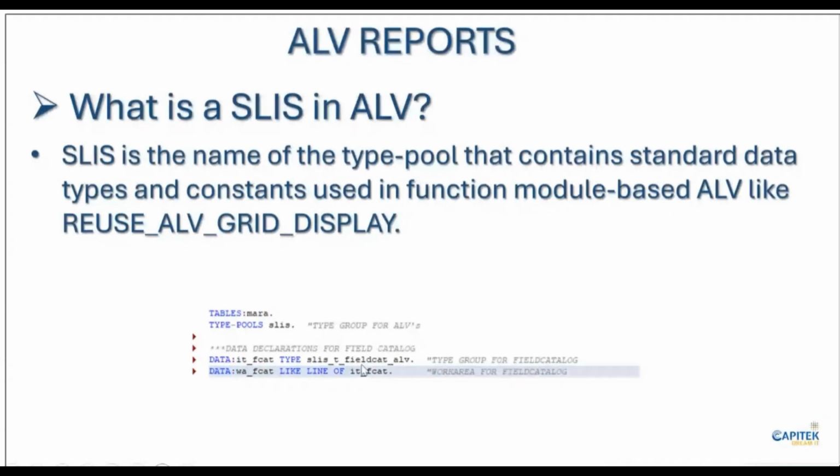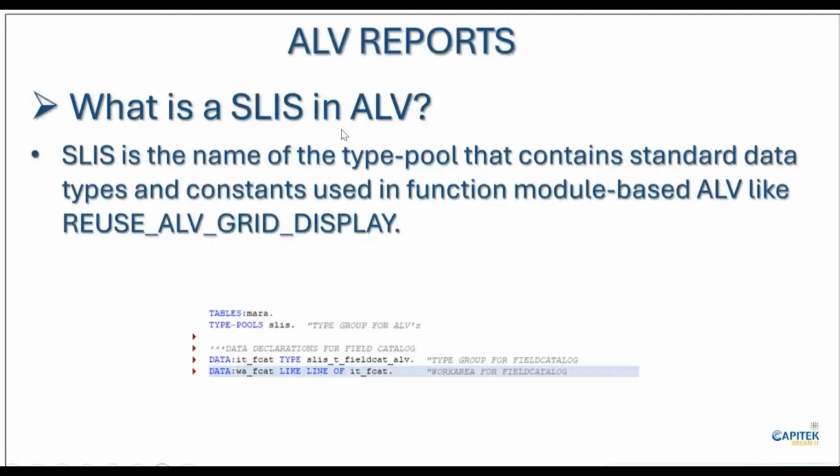You are trying to load it before using some content of SLIS. When you load it, it will be available in your program in the runtime environment, and all these references will work with respect to the loading of SLIS into your program. So this is the primary thing that we will do when we start working on ALVs.